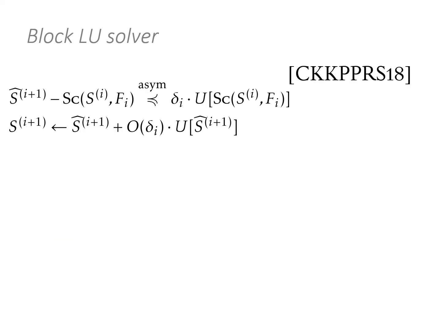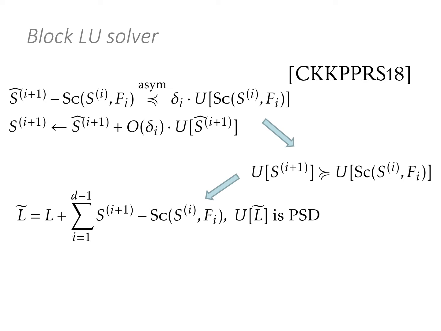If we can get a good approximation to the Schur complement of Si in the sense of asymmetrically bounded, then by adding its symmetrization to itself, we can let the symmetrization of Si plus 1 be bigger than the symmetrization of the Schur complement of Si.